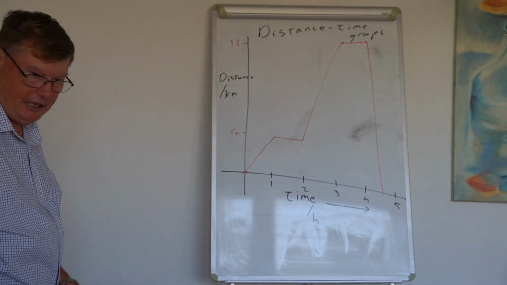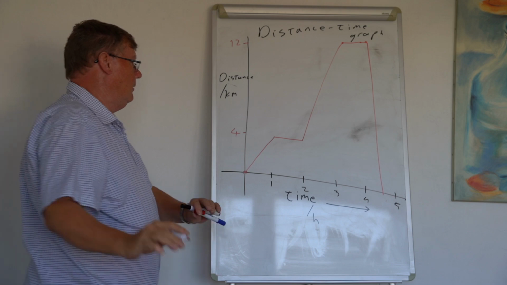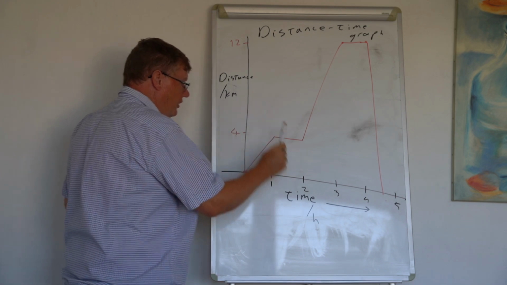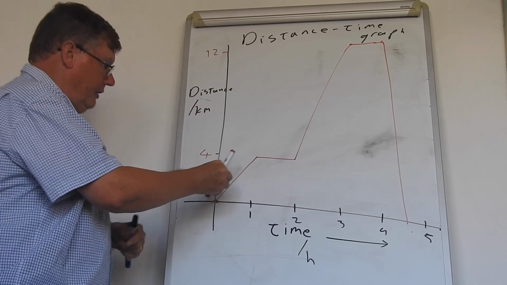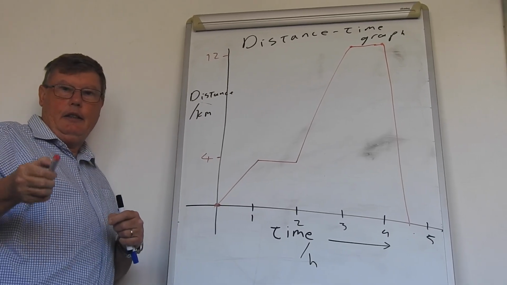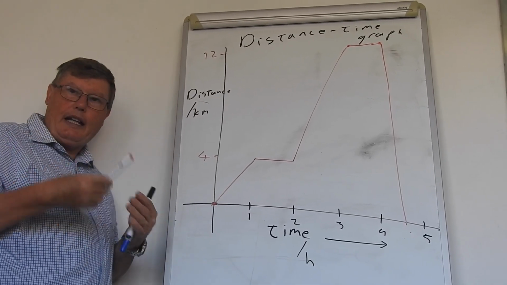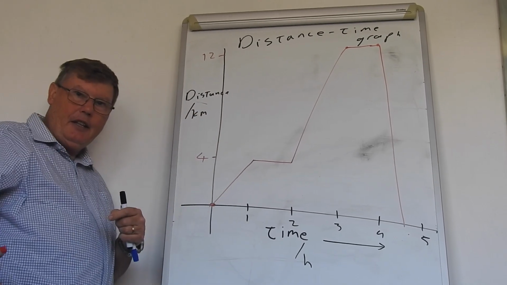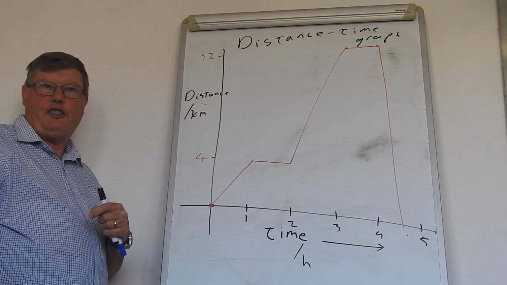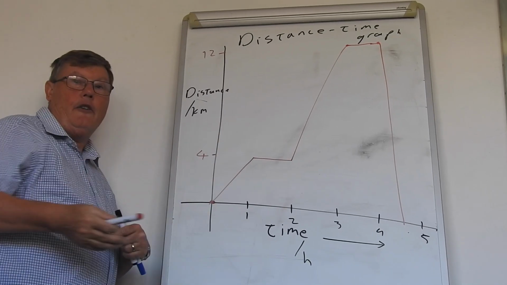Now, hopefully you've seen all this stuff before, but let's just go through it. On a distance time graph, the gradient of the line tells you how quickly he's moving. When you were first told this, you were probably told that was the speed. We can use speed or velocity. With this graph, it really doesn't matter.